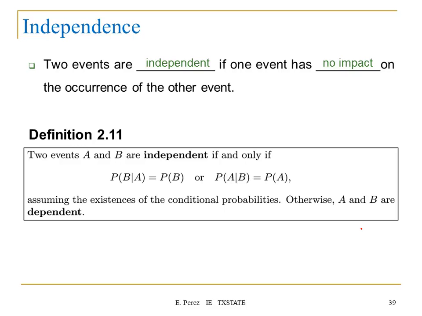In this case, the probability of B given A is always equal to the probability of B. That means that those two events are independent. They have no effect on each other. Same thing with the opposite: the probability of A given B. If it's equal to the probability of A, that means that there's no effect of event B on event A. So those events are independent.